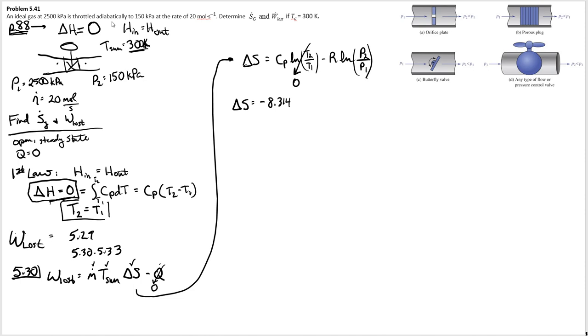8.314 joules per mole Kelvin, times natural log of 150 kilopascals to 2500 kilopascals.